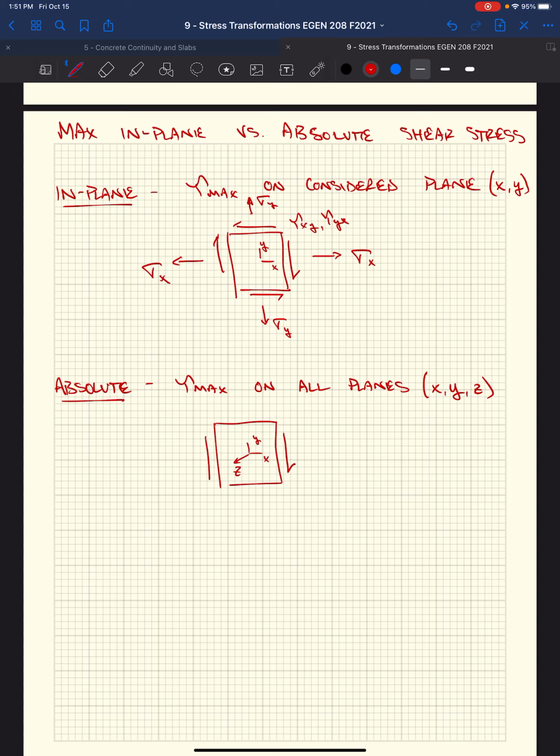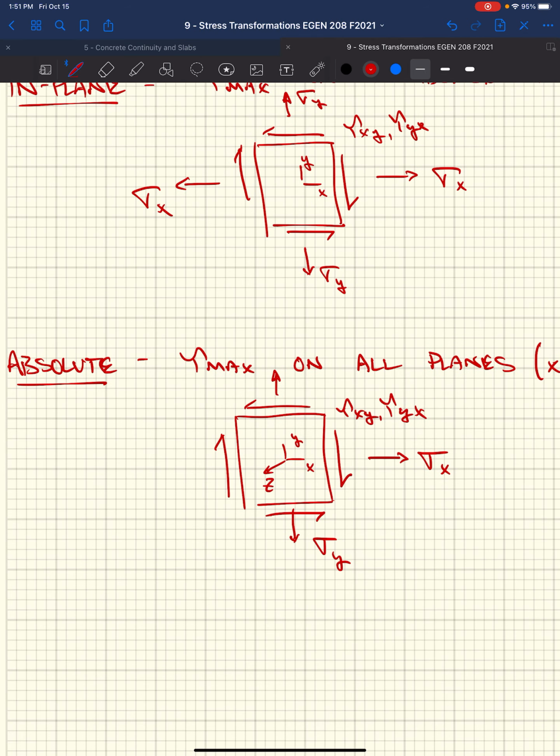So again, we've got all of these shear stresses and our normal stresses: tau xy, tau yx, sigma x, sigma y. But in reality, like I showed with the cardboard box, we have this assumed stress, sigma z, which is acting out of the page and into the page. Well, it's 0 for plane stress.